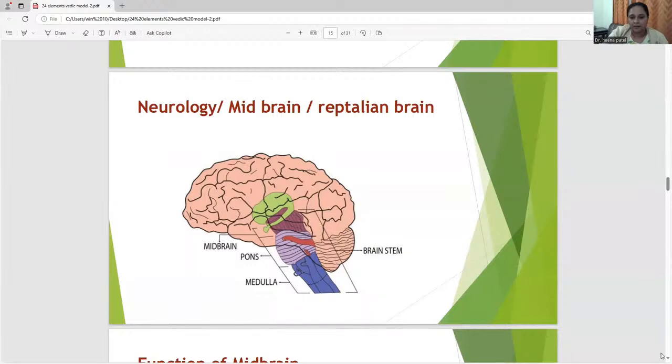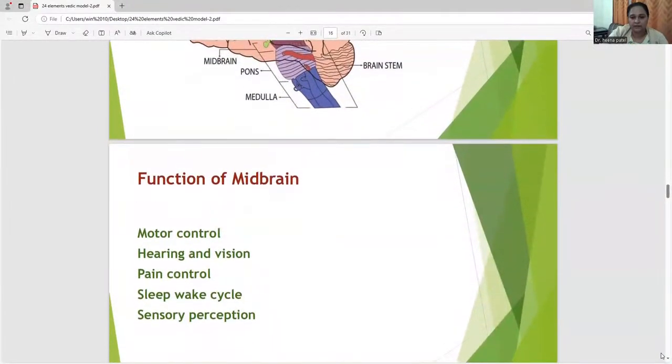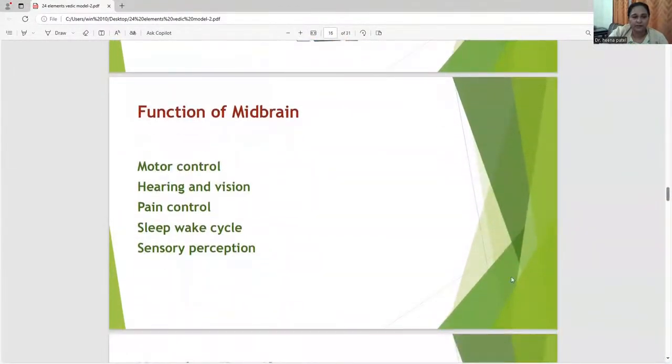And what are the functions of this brain? We will discuss briefly. The midbrain helps us in primitive motor control, primitive hearing and vision, pain control, sleep-wake cycle, and sensory perception. So sometimes our child is not even able to sense pain.